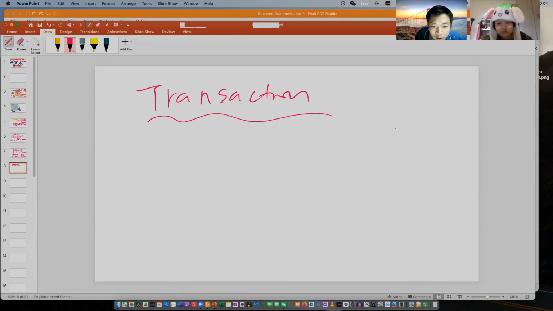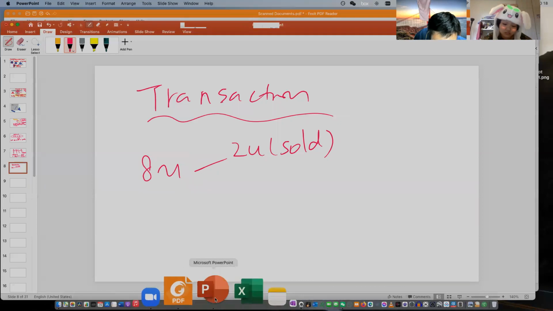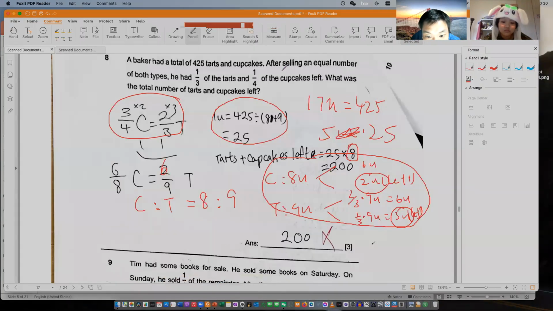Some of the words are, let's say you start with 8U and 2U is sold. Can you not see the word here? Selling, and then left. These are the keywords to tell you it is a transaction type of question.